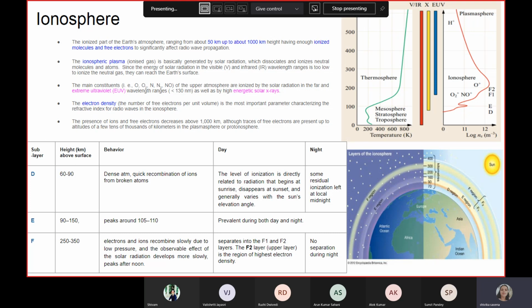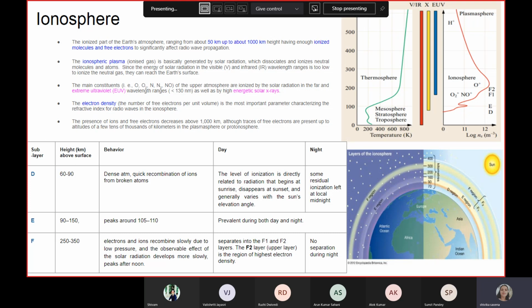So plasmasphere and protonosphere are parts of the exosphere. Below the plasmasphere is our ionosphere, and the layer where the highest electron density is encountered is the F2 region. When we talk about electron density, we mean the number of free electrons per unit volume.